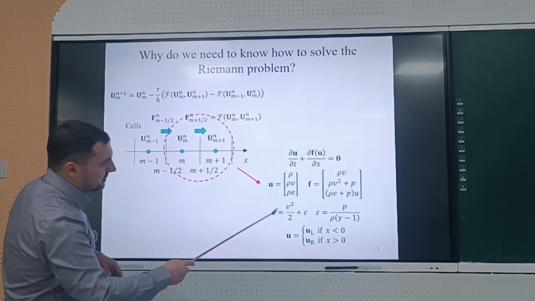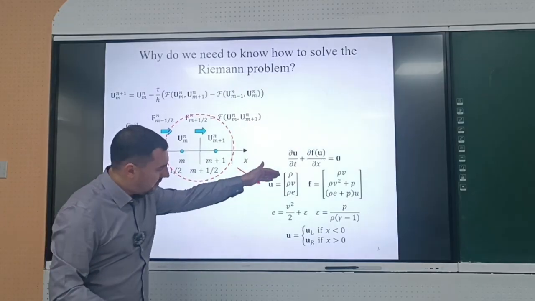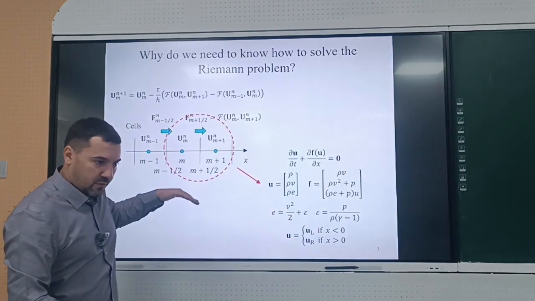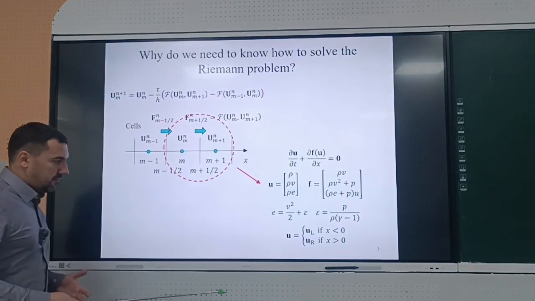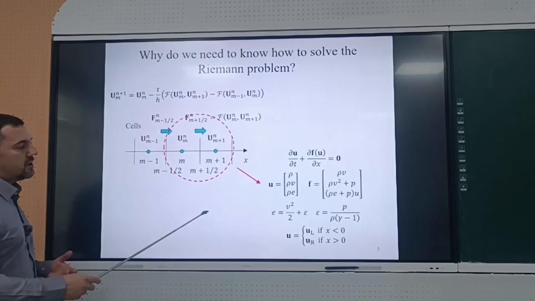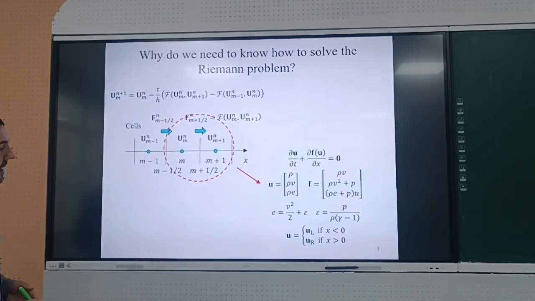U is the conservative variables vector, so U sub L means rho, rho V, rho E to the left, and UR to the right. Generally speaking, there is no relationship between UL and UR; they can be arbitrary.